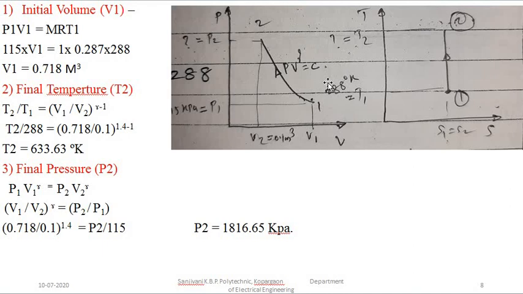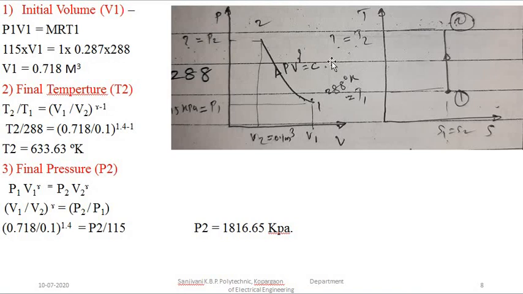So for the first unknown thing you have to calculate, that is the initial volume V1, because we know the volume V2, that is given as 0.1 meter cube. Our pressure P1 is given, then temperature T1 is equal to 288 degree Kelvin.